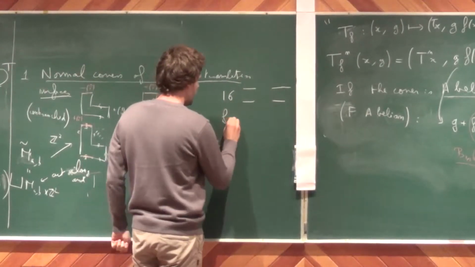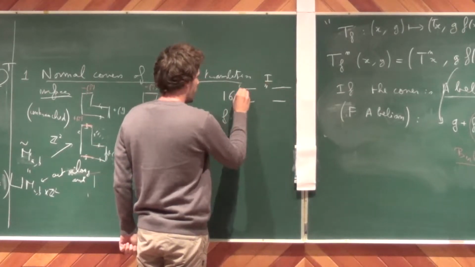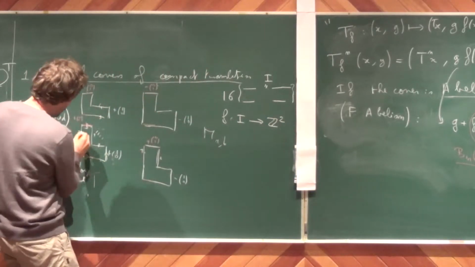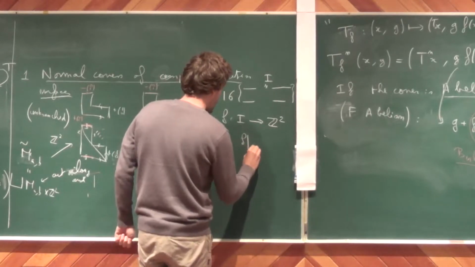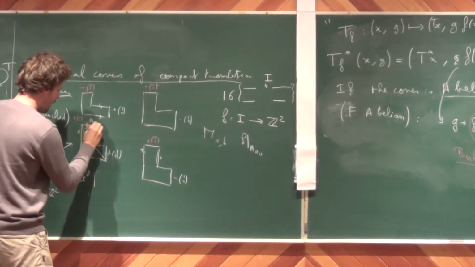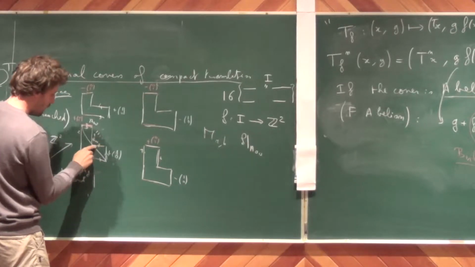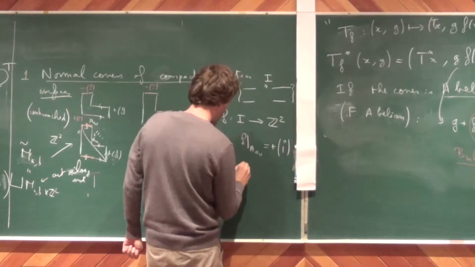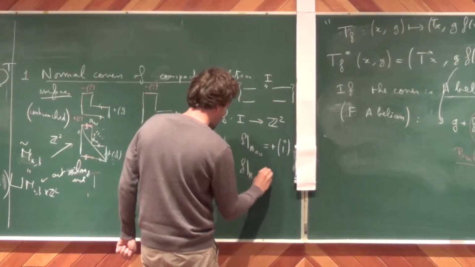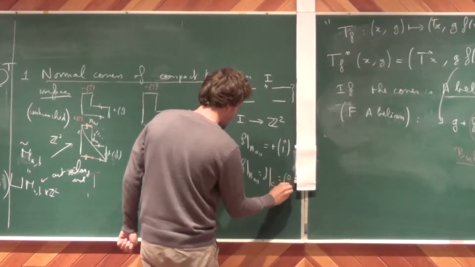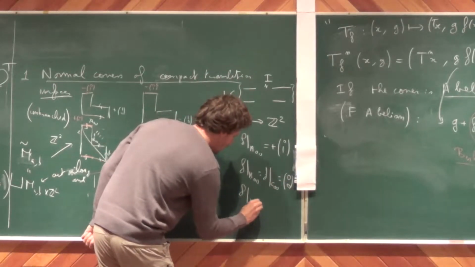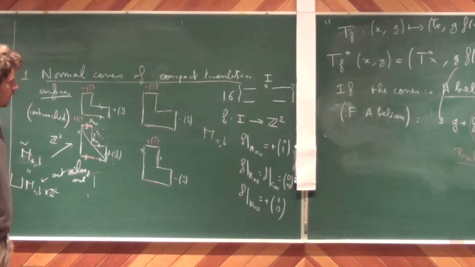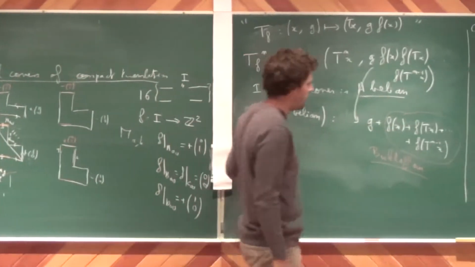So let's call I the union of these four intervals, and you have a function from I to Z². I write f restricted to a00, which is that guy; d00 is this one, after that are c and d. So f on a00 is plus 01, f on b00 equals f restricted to c00 equals 0, and f restricted to d00 is plus 10. So this is a particular construction of that.